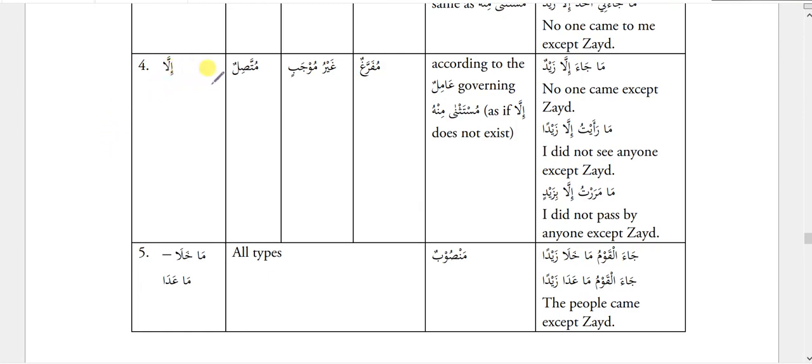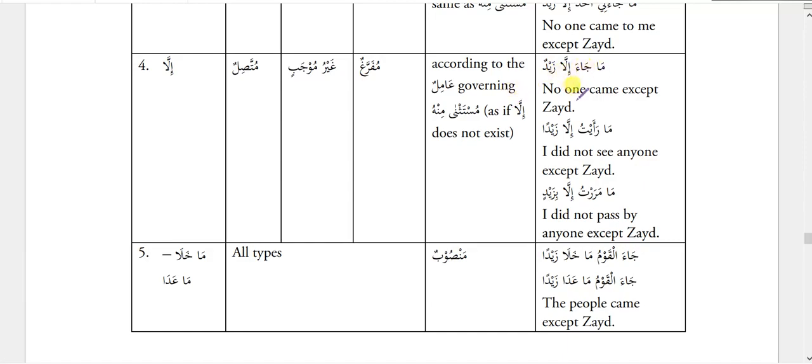Case number 4. Illa, muttasil means mustasna minhu is mentioned, and muttasil means mustasna was a part of mustasna minhu. Ghair mujab means the sentence does have some negative word like ma or a question mark. Mufarraq means here the mustasna minhu is not mentioned.